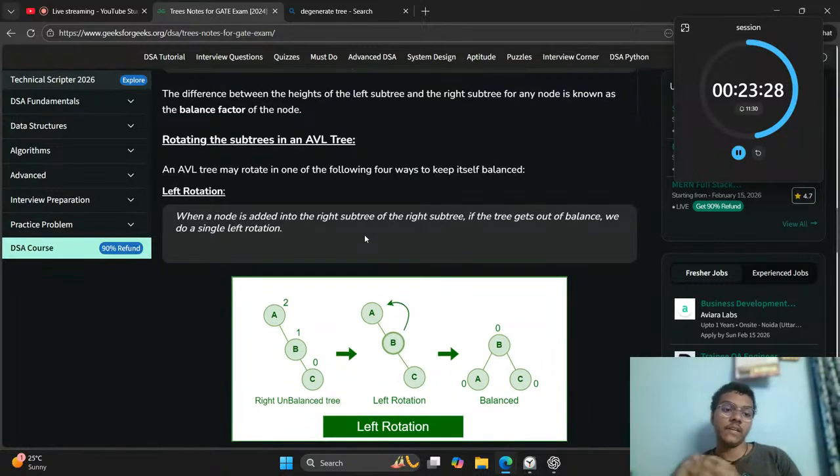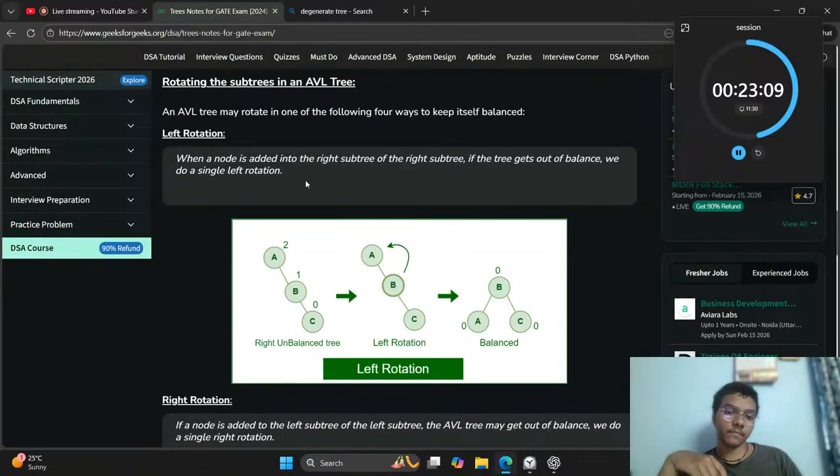Rotating the subtrees in an AVL tree may be done in one of the following four ways to keep it balanced. Left rotation. When a node is added into the right subtree of the right subtree, if the tree gets out of balance, we do a single left rotation.